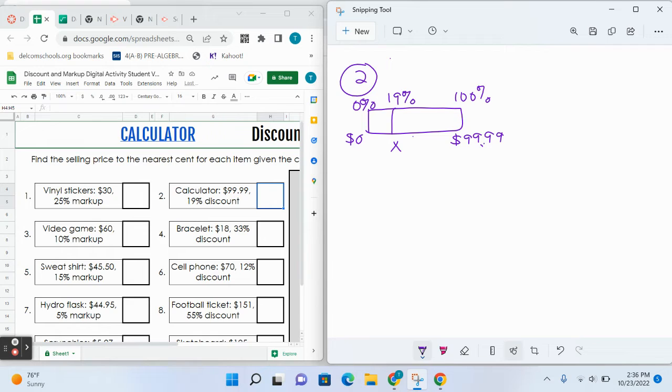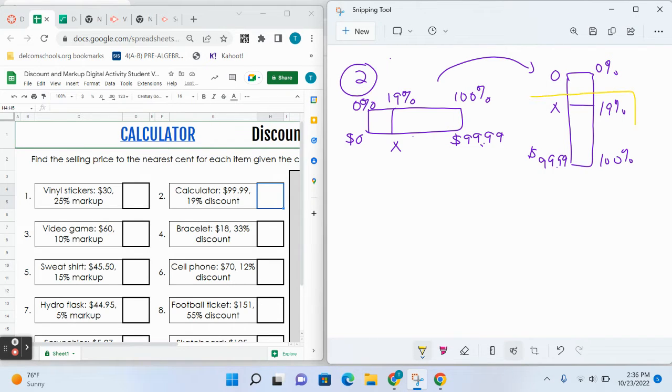But to find the exact answer, I need you to take that rectangle and imagine it rotated, with the stuff on the left and the percentages on the right. So there's our rotated rectangle. When you get really good at this, you can just imagine what that would look like.